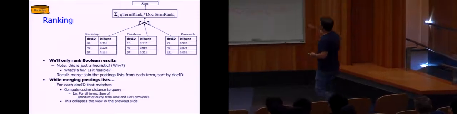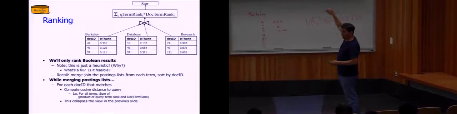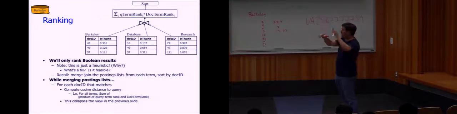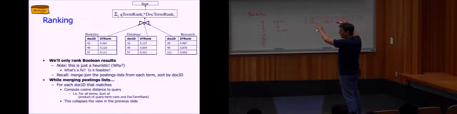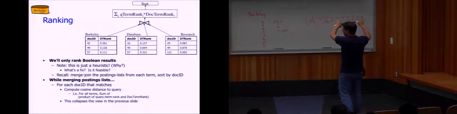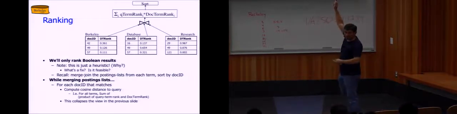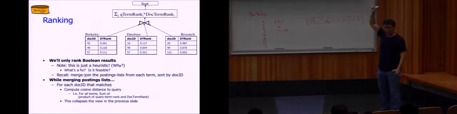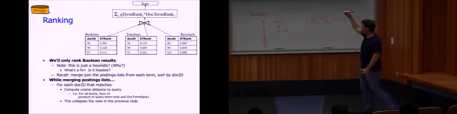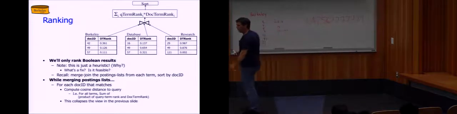So we can take this query, which is the conjunction of all 3, union the thing that has Berkeley and database, union the thing that has Berkeley and union the thing that has database, and then throw all of them into the ranking function. We could do that, right? And we could even go down to the level of single terms.